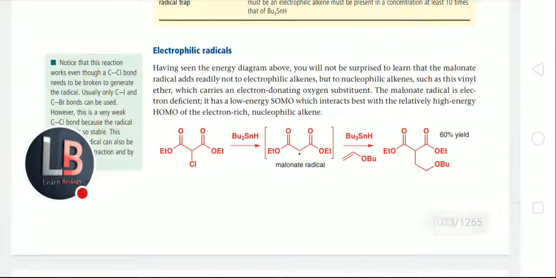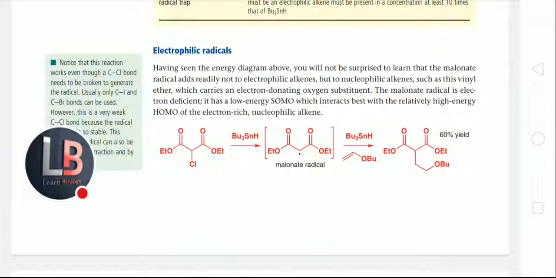Electrophilic radicals. Having seen the energy diagram above, you will not be surprised to learn that the malonate radical adds readily not to an electrophilic alkene but to a nucleophilic alkene, such as this vinyl ether, which carries an electron donating oxygen substituent. The malonate radical is electron deficient.